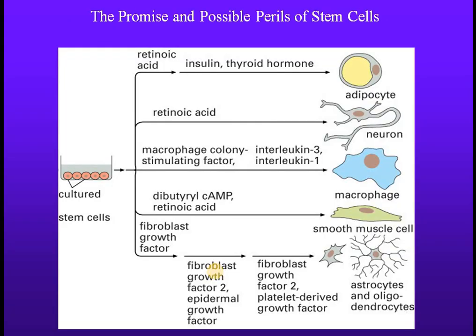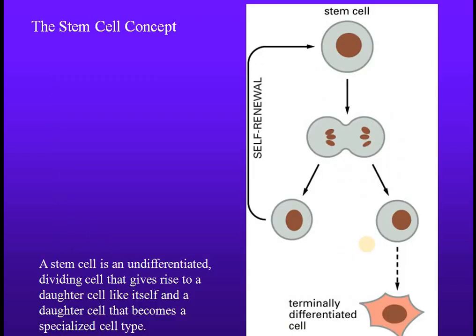So stem cells, if exposed to the proper environment, can produce various types of tissues and organs. For example, you can see in this image, the stem cell, if exposed to insulin and thyroid hormone, will result in adipocytes. If exposed to retinoic acid, it will result in neurons, interleukin, macrophages, like this. So stem cells can be regenerated into a whole organ. Okay, stem cell therapy can be used.